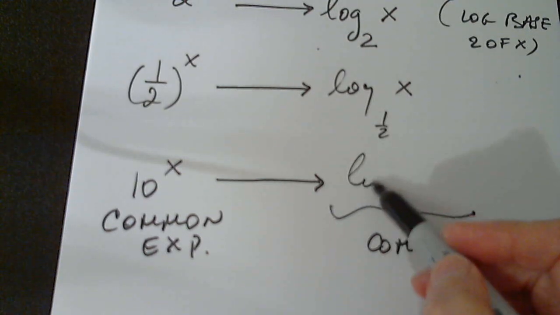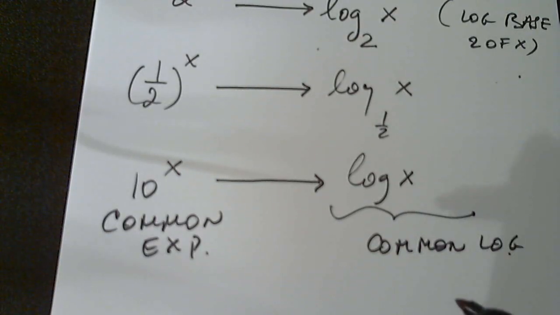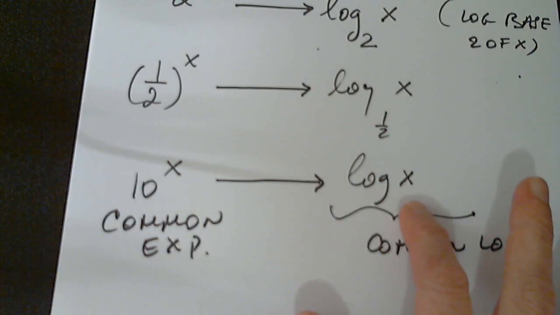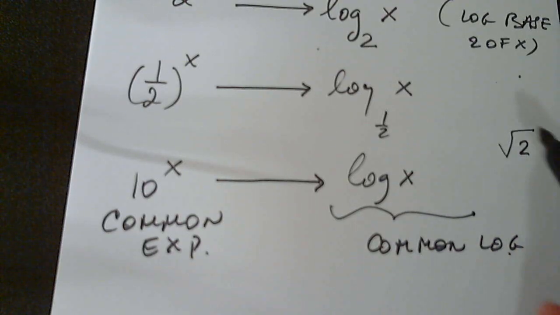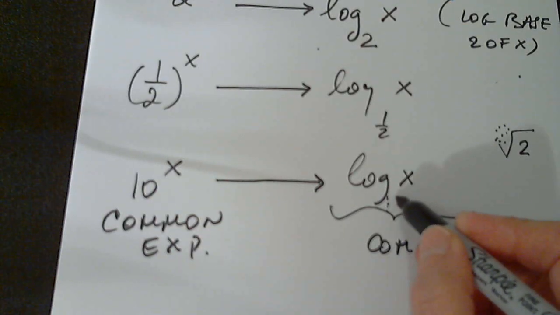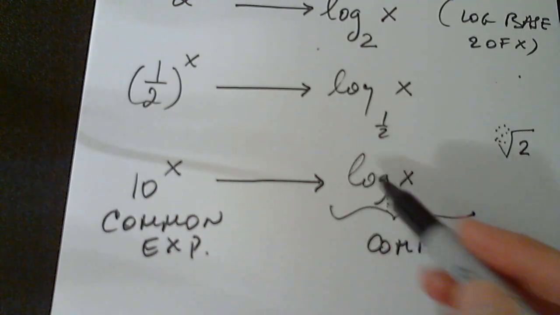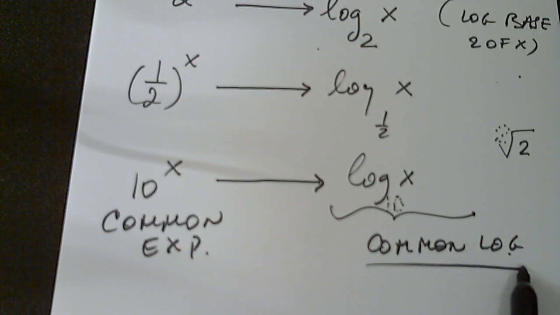Log base 10 of x? Yes. However, we omit the base. It's understood, like the square root: we know there is a 2 in there, but we don't write it. The same thing here. We know there is a 10 as the base. We say common log, so we don't write the base.